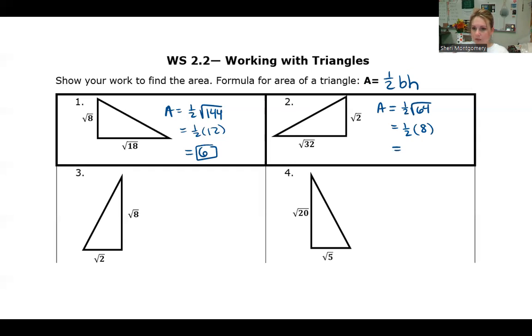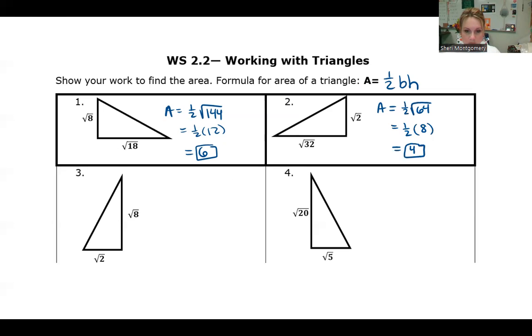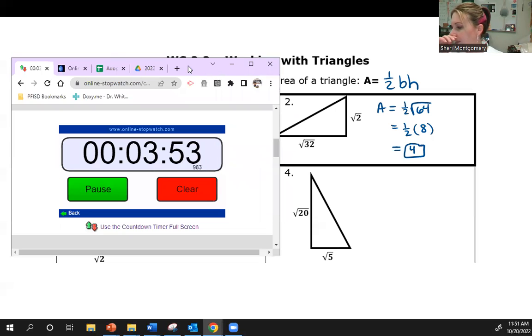What's half of 8? I'm going to give you a couple minutes. See if you can finish that section. Okay, I'm giving you 4 minutes to see if you can finish those 4 in that section.